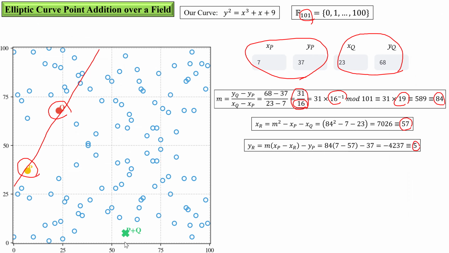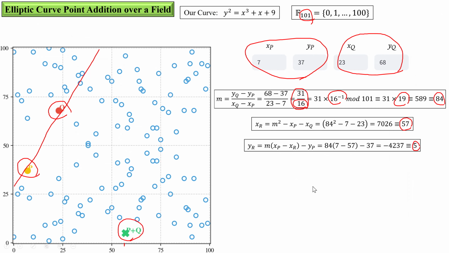And if you find the point 57, it is here, which is p plus q, shown in the figure, right? Okay, so we don't have any line here, no tangent line or a line passing through two points, but we follow the same formula.